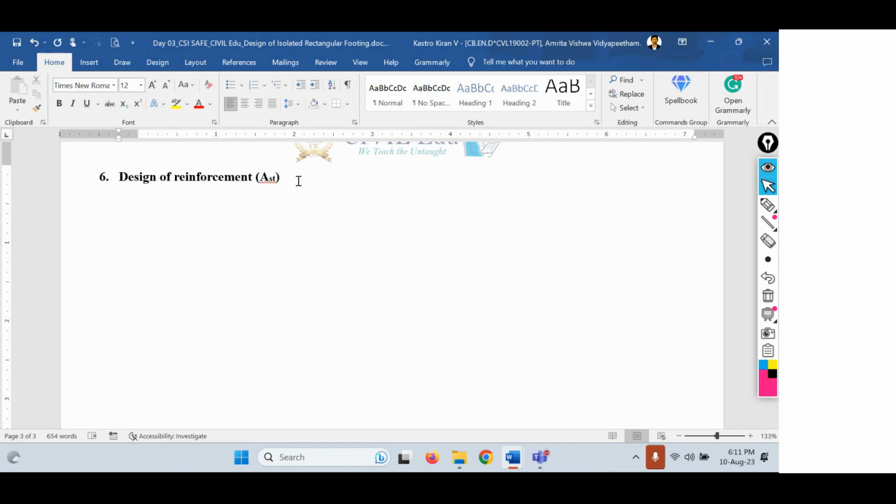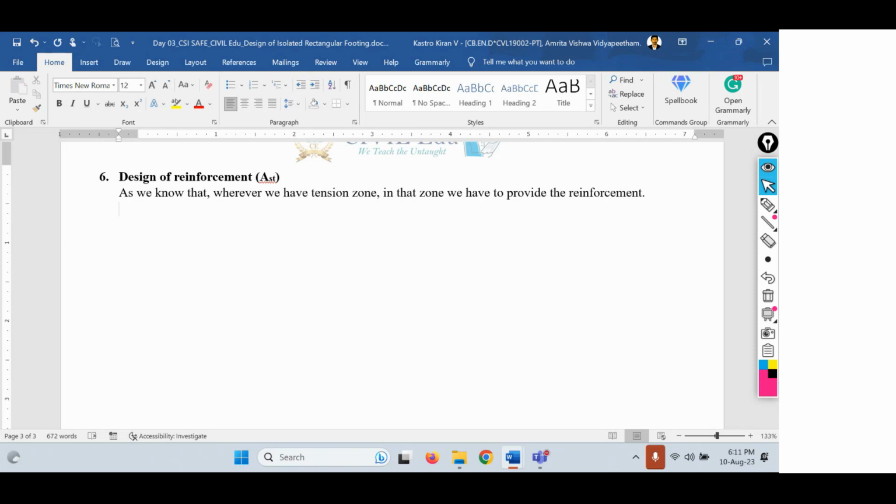So as we know, wherever we have a tension zone, in that zone we have to provide the reinforcement. That's our logic. Right. So we now know where the tension zone occurs and where the compression zone occurs.